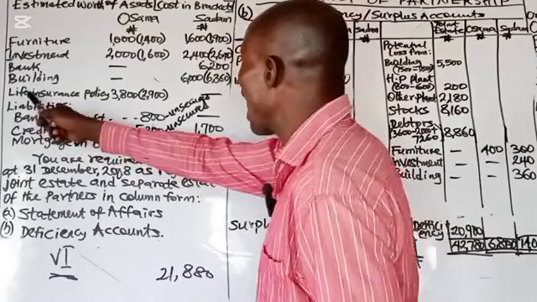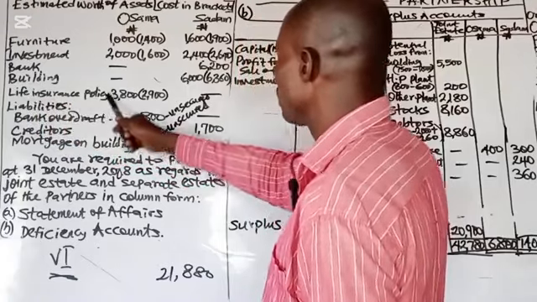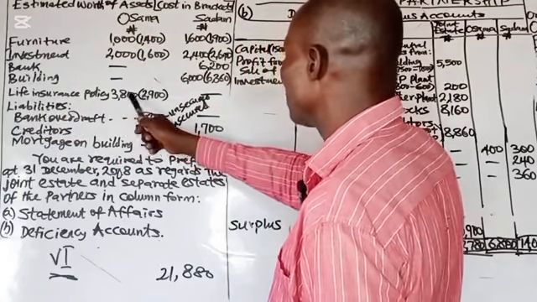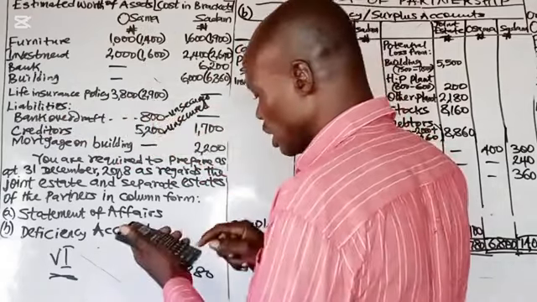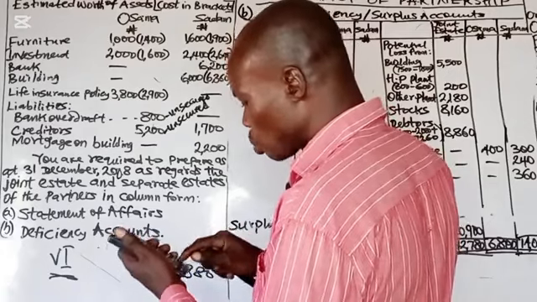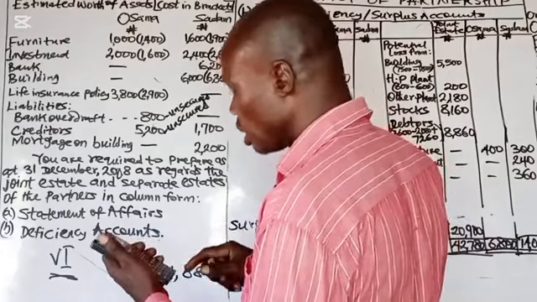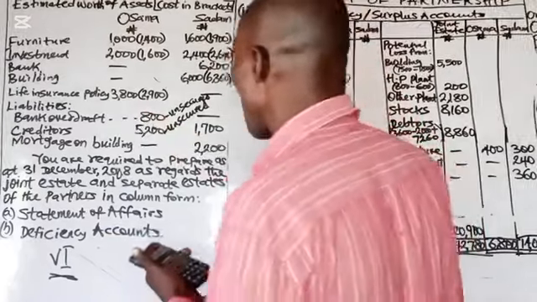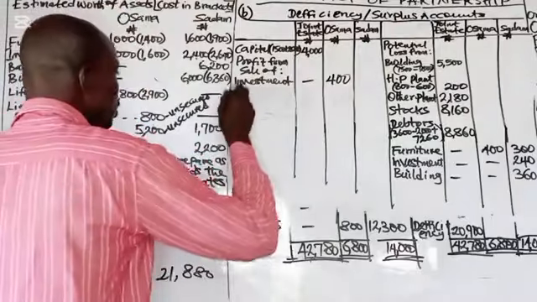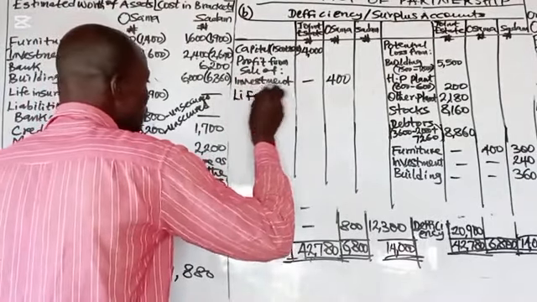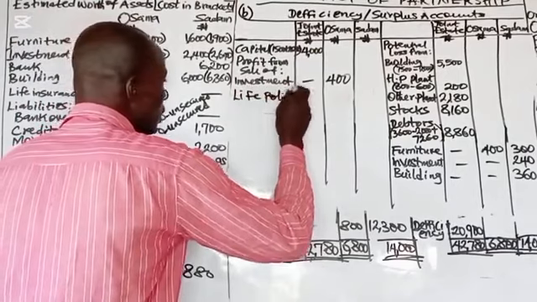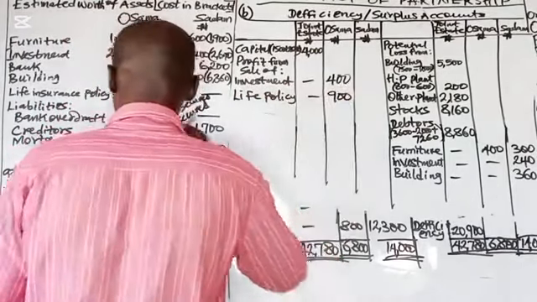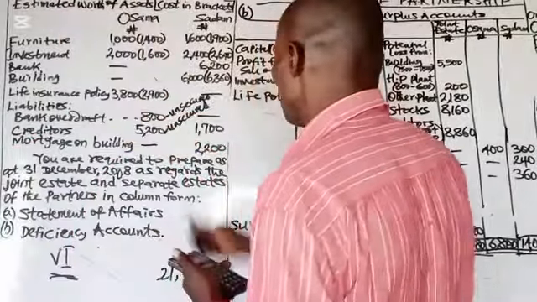We have life insurance policy for Osama. The realizable value is 3,800, while the book value is 2,900. 3,800 minus 2,900, that gives us 900. So it is a profit. So we have life assurance policy, profit of 900. That is the difference between 3,800 and 2,900.